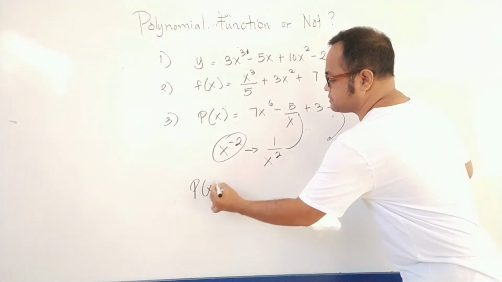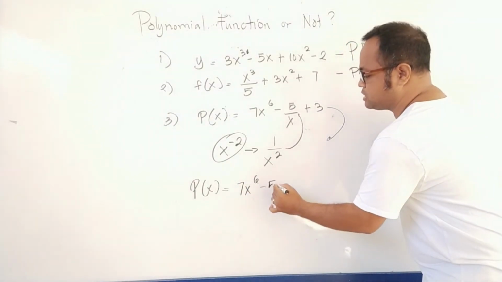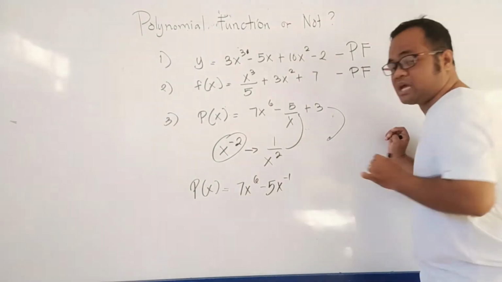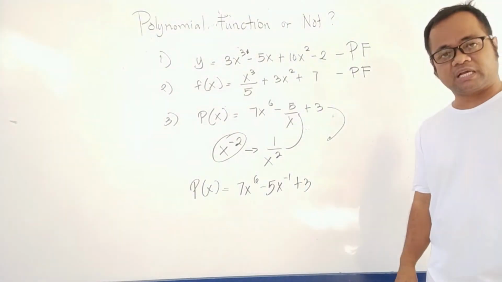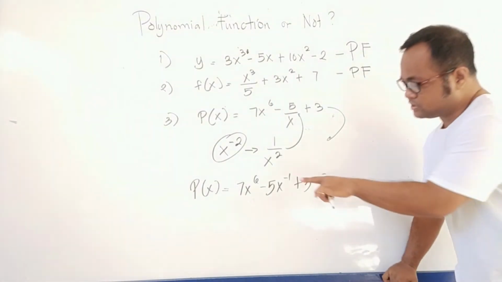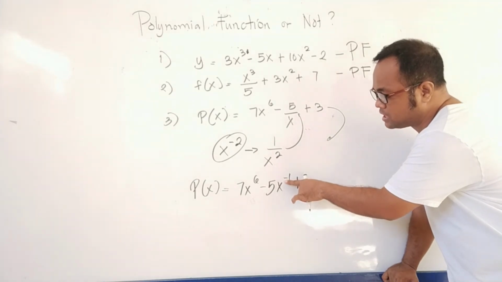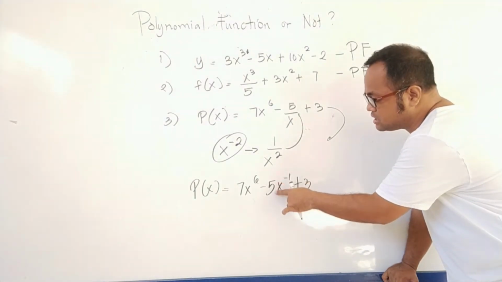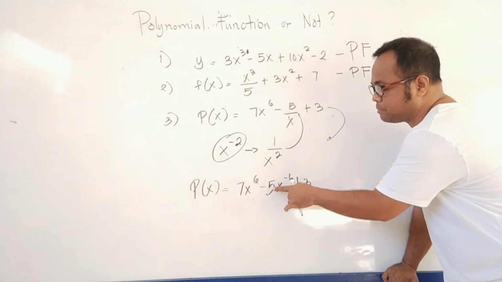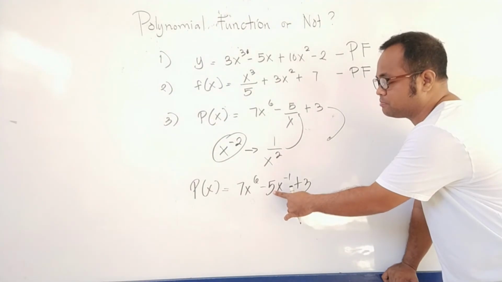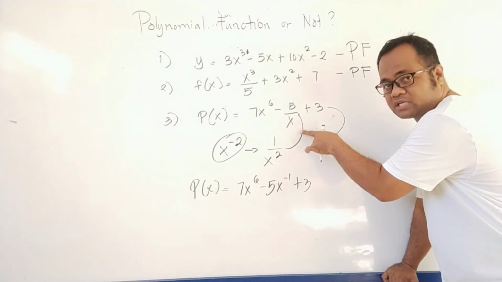P of x is equal to 7x raised to 6 minus 5x raised to negative 1 plus 3.